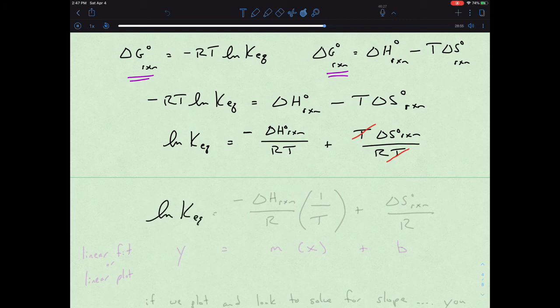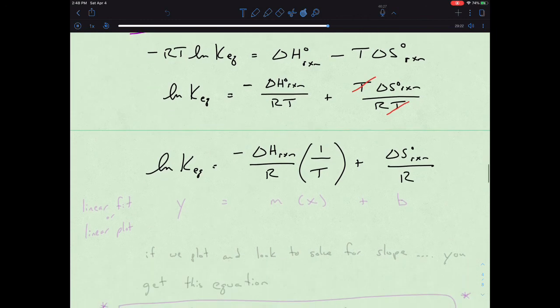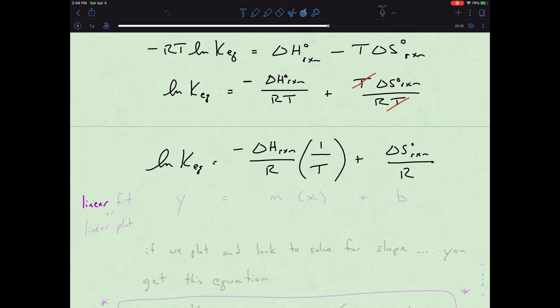The natural log of our equilibrium constant is equal to the negative delta H of reaction over R. I'll write it a little bit differently, still the same, but I'm going to pull that 1 over T out. I'll explain that in a second. And then we have our delta S of reaction over R. And so what we find here is that this is actually a linear fit, or a linear plot.